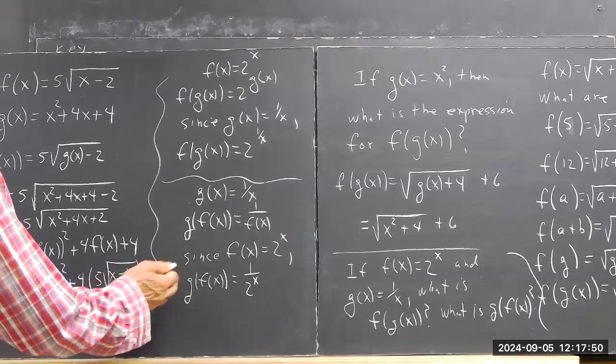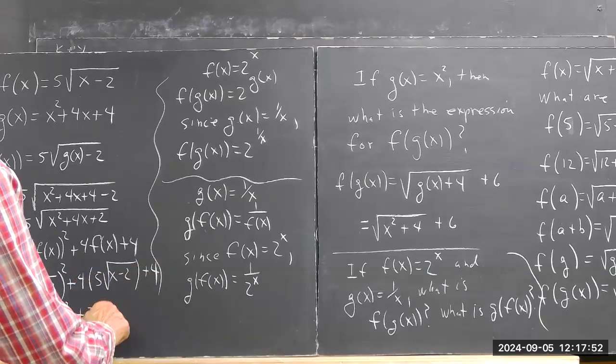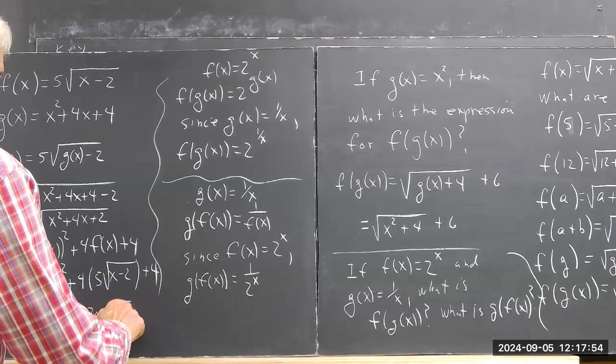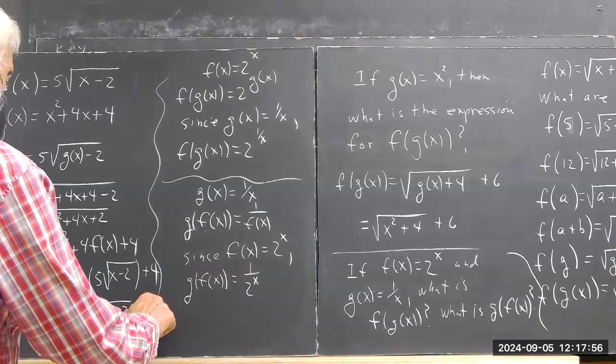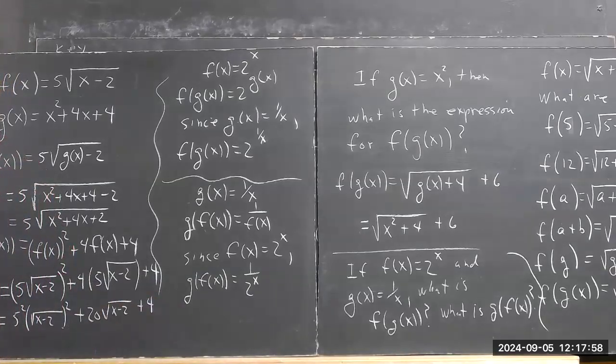And 4 times 5 is 20, so we have 20 square root of X minus 2 plus 4. Now, 5 squared is 25. If you square the square root of X minus 2, you get X minus 2.